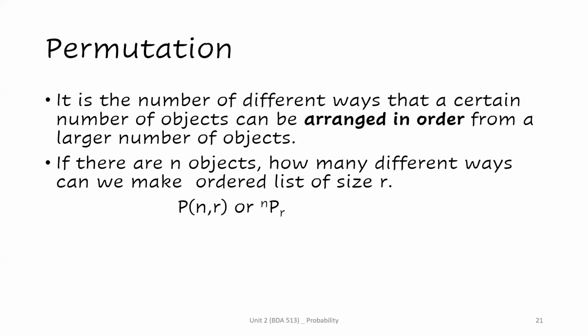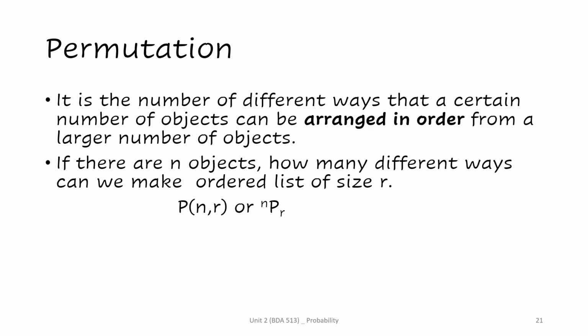With permutation, we are looking at the number of different ways that a certain number of objects can be arranged in order. Here, we are more interested in the order. So N permutation R: if there are N objects, how many different ways can we make an ordered list of size R?